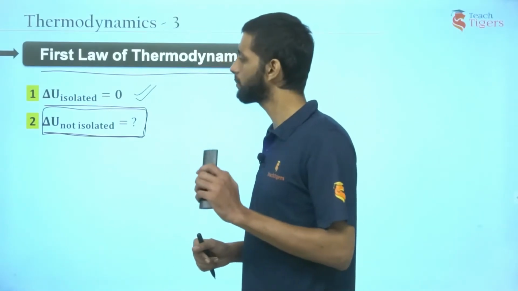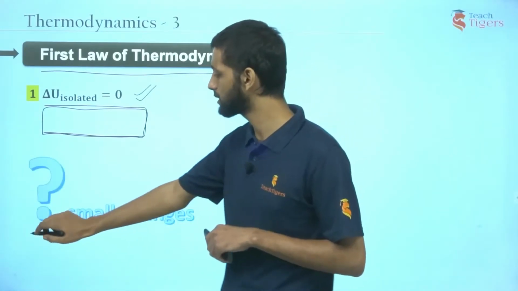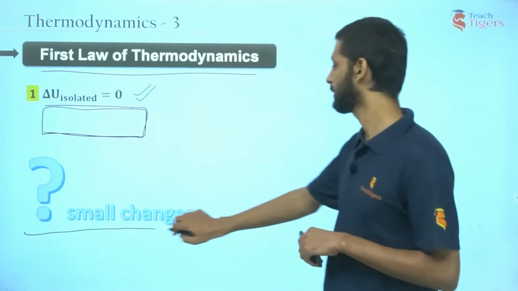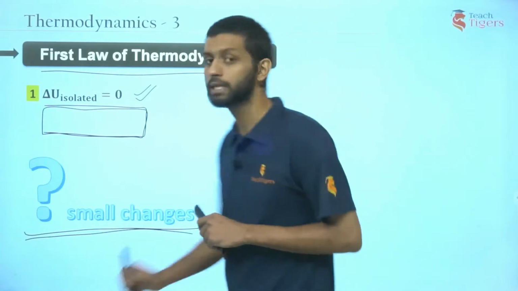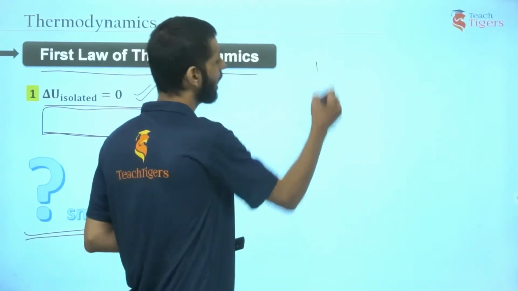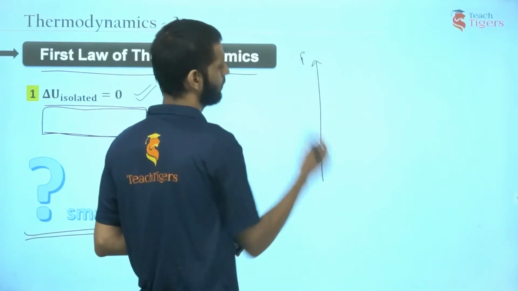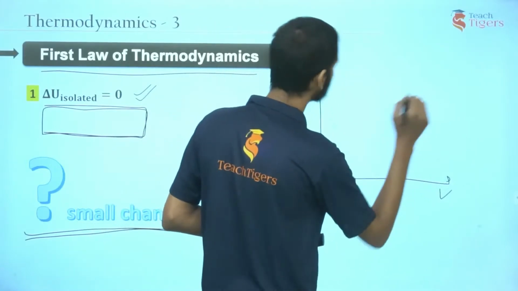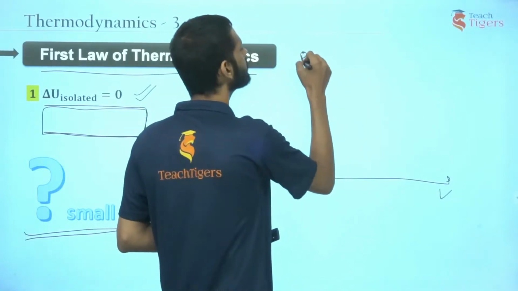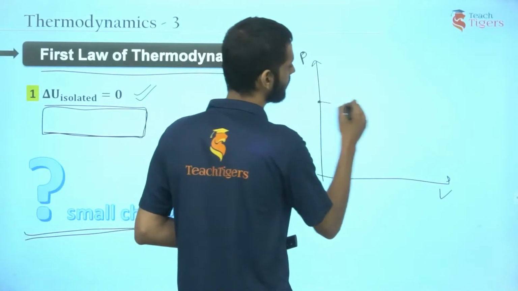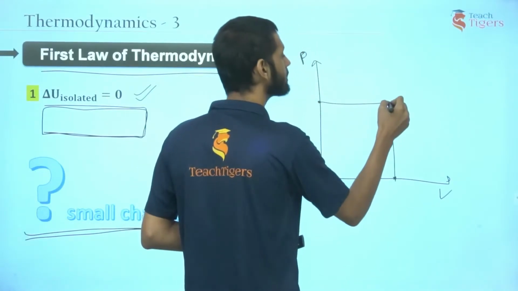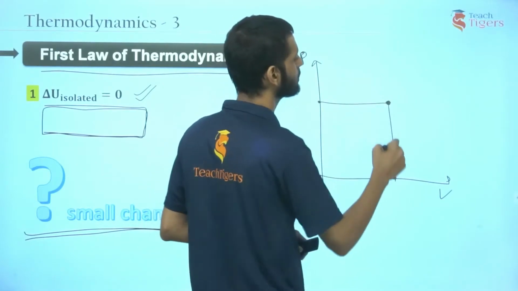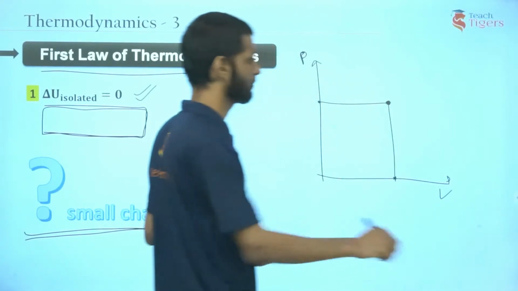There is one very subtle point that we need to cover, and we're going to do that using a graph. Suppose I have an isolated system. Once again, I draw my state variables P and V. An isolated system has some defined point over here, and this is the energy of my isolated system defined at this point.